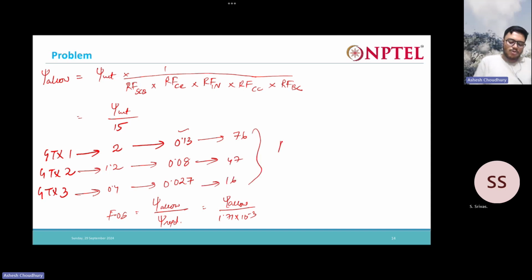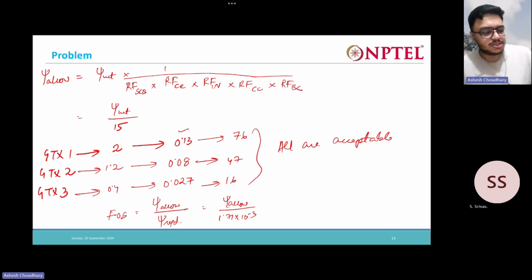So all are acceptable. All of the geotextile candidates are equally good for the permeability criteria. All of them satisfy the permeability criteria very nicely.